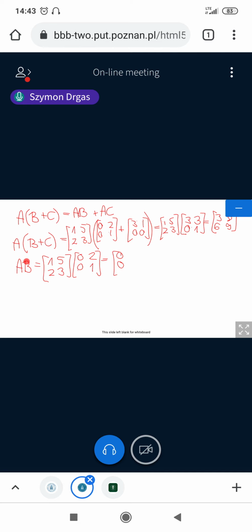And then we have the second column. It is 1 times 2 plus 5, so it's 7. And then we have 4 plus 3, which is also 7. And then we have to multiply A times C.